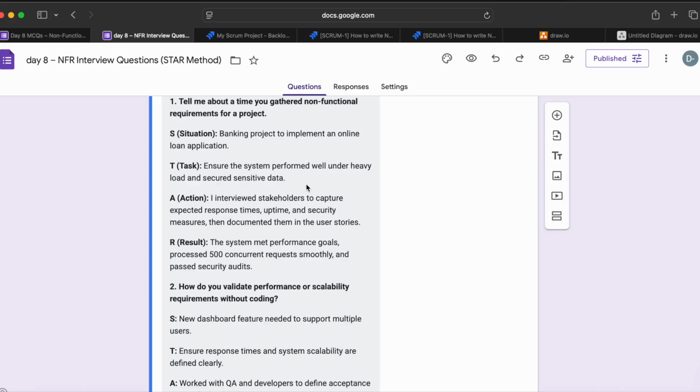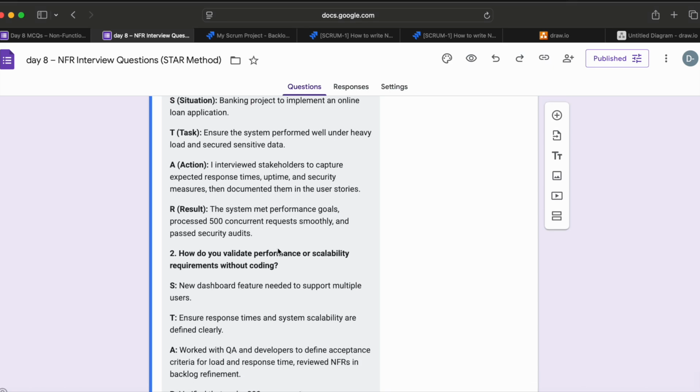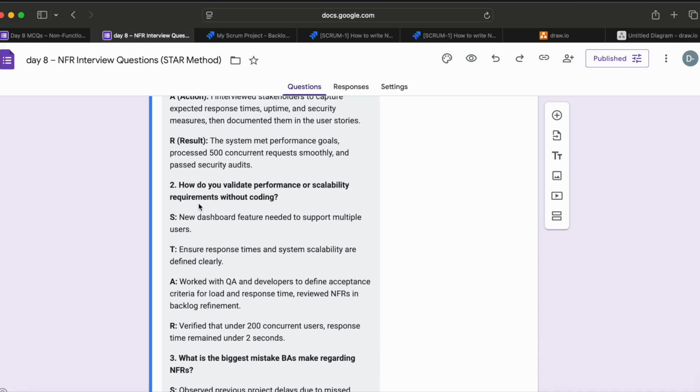So I interviewed stakeholders to capture expected response time, uptime, and security measures, then documented them in the user story. You can use it as it is. So the system met performance goals, processed 500 concurrent requests smoothly, and passed security audits, right? So next question, how do you validate performance or scalability requirements without coding?